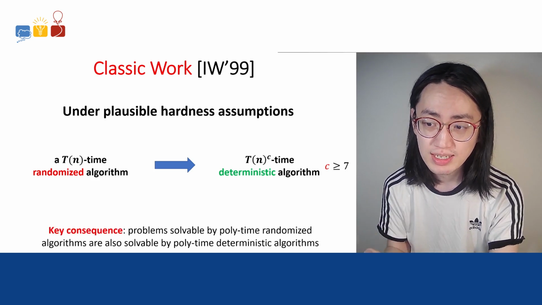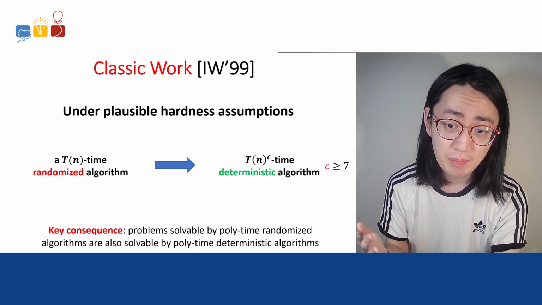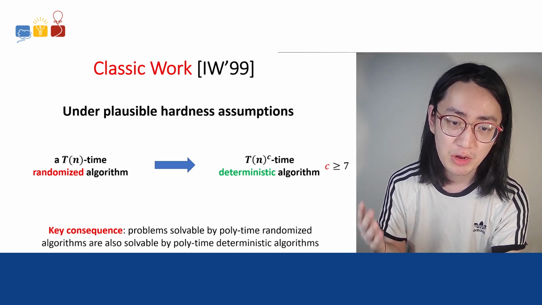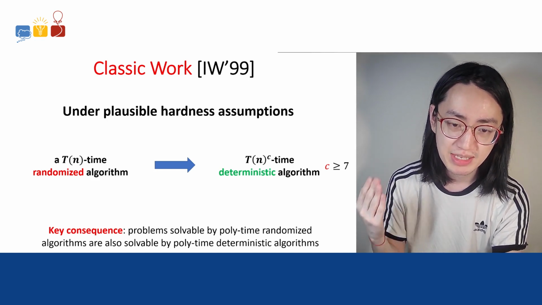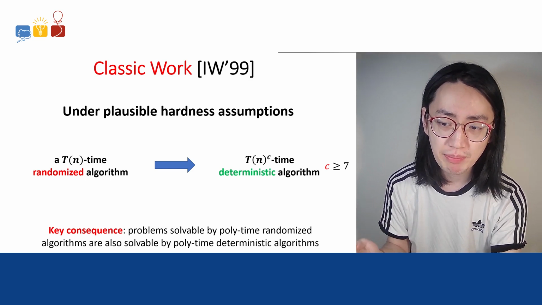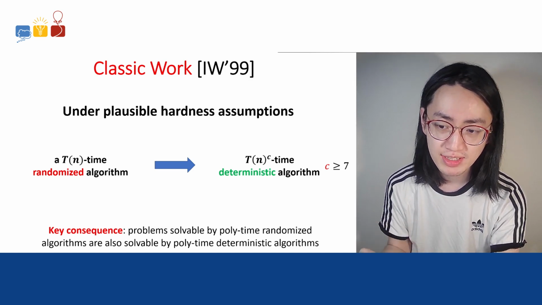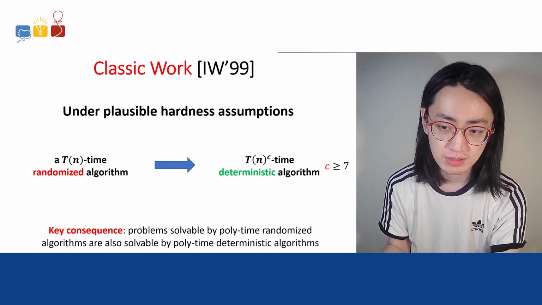This is a super important result as it implies that problems solvable by polynomial time randomized algorithms are also solvable by polynomial time deterministic algorithms. That is, if we only care about whether a problem can be solved in polynomial time or not, then we are already done with this question.